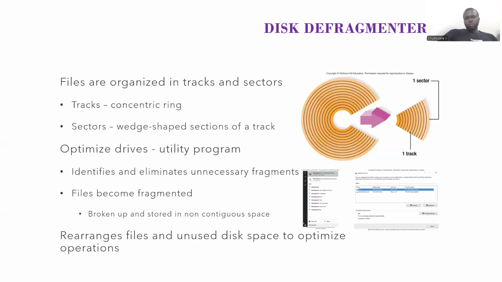We have the defragmenter, which organizes your files into tracks, as you can see here, to identify and eliminate unessential fragments. A file becomes fragmented, broken up, and stored in non-contiguous spaces within your programs.